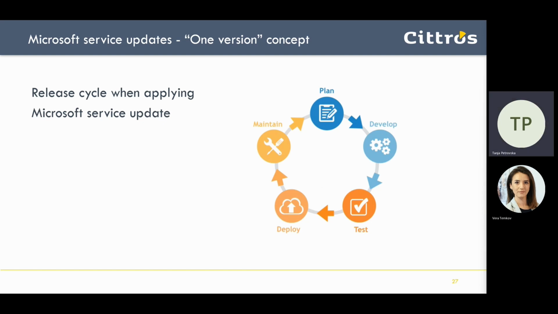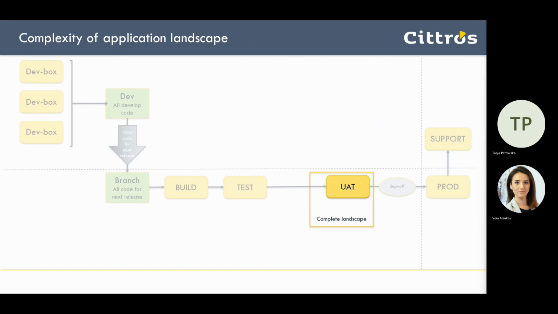The maintenance of environments is an important part of the ALM process, but let's not forget that you might have other applications in your landscape. So D365 Finance and Operations is the key element of your business application landscape, but depending on your business, you might have third-party applications working together with D365 F&O.